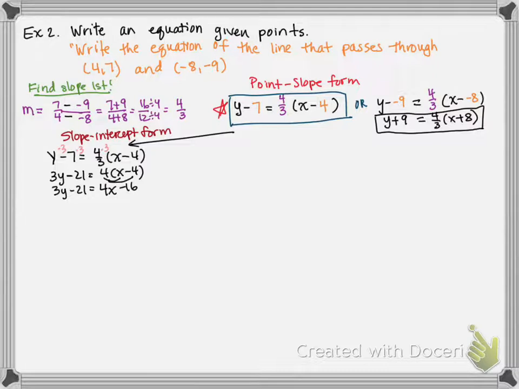Now, we're slowly going to work our way to get y alone. So I add 21 to both sides. That gives me 3y equals 4x, and then that's going to be the difference, bigger number positive, so that'd be plus 5. And then we have to divide everything by 3. So that's y by itself. And look what we're creating.